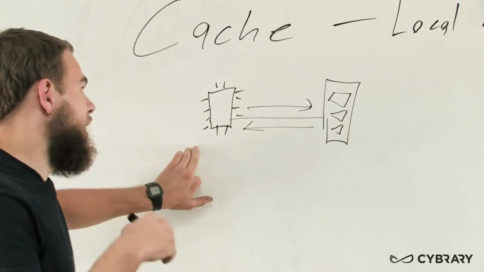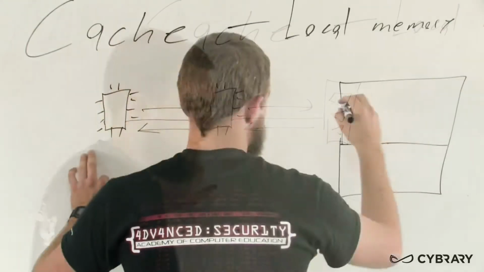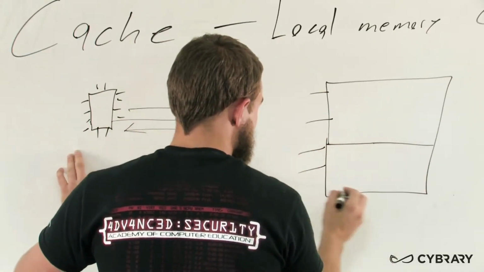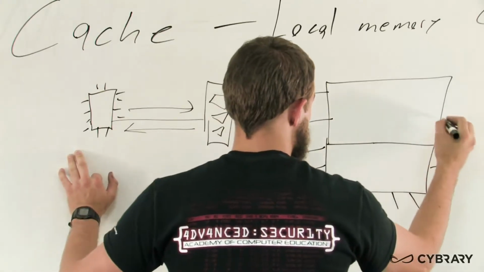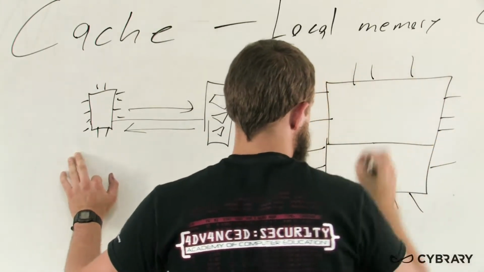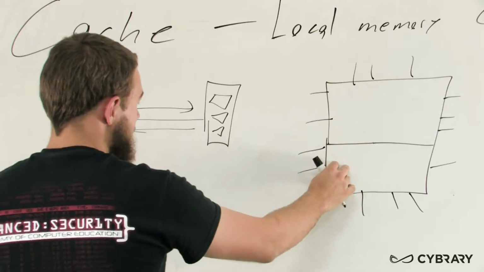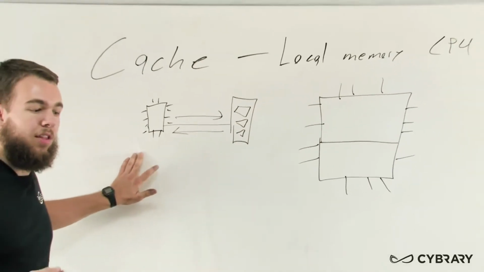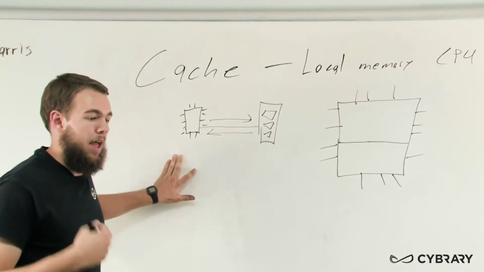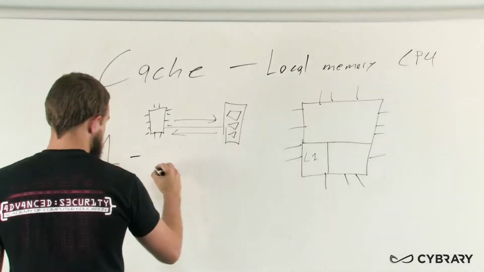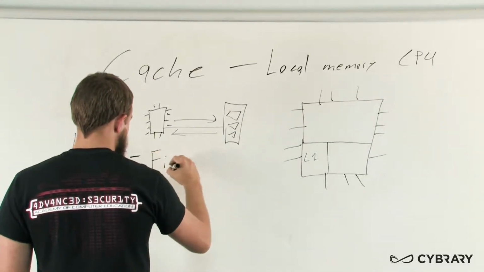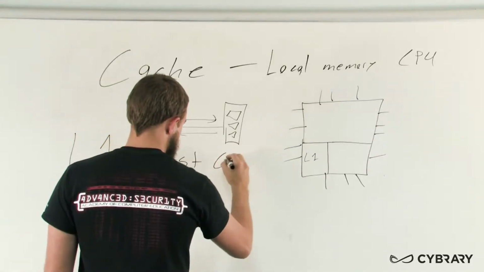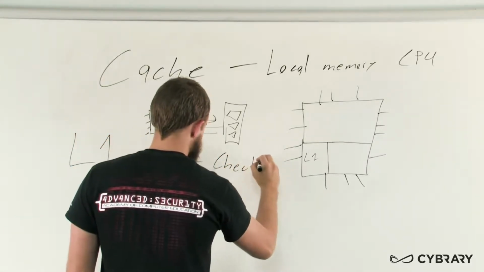Whereas memory that we can put in our local cache is actually stored on the CPU itself. So say this is our CPU, an enhanced version that we can see into, and our sectors down here are our local cache. Now our local cache on our CPU is broken up into a couple different parts, L1, L2, and L3. Our L1 cache is going to be the first place that our CPU checks for information, but it's also relatively small.